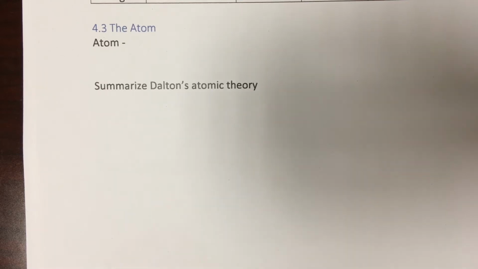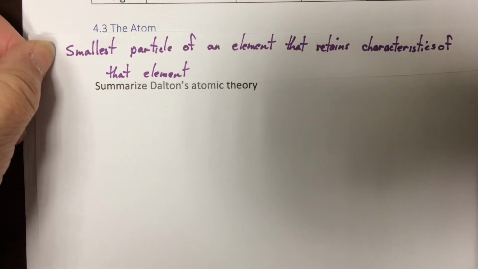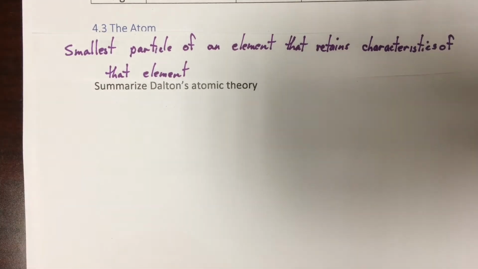Okay, so in the last section we said that elements were made of atoms, but we didn't tell you what an atom is. So an atom is defined as the smallest particle of an element that retains the characteristics of that element. So if you take an element and you divide it into smaller and smaller pieces, eventually you get down to the size of one atom.